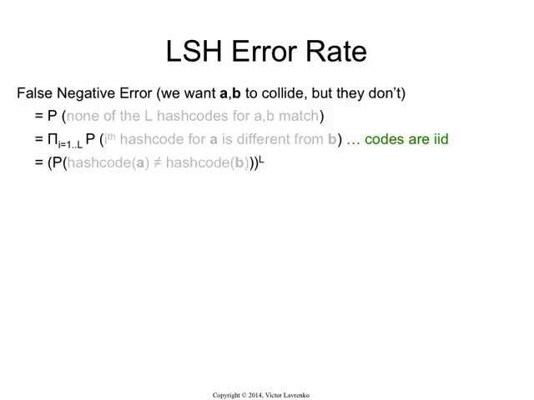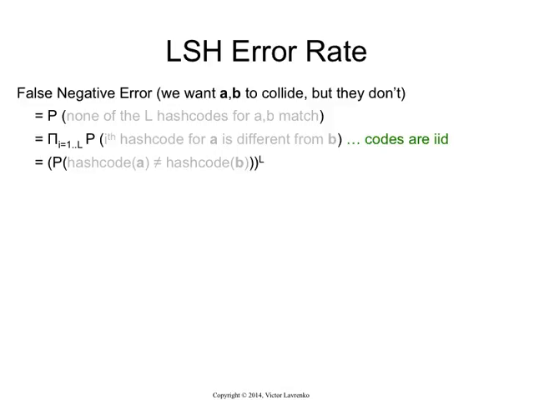So instead of doing the product, I can just take this probability that the ith hash code is not the same and raise it to the power L, because every hash code is independent of each other and identically distributed. So it's just the probability that the hash code of A is not the same as the hash code of B, raised to the power L. So I have L independent events.